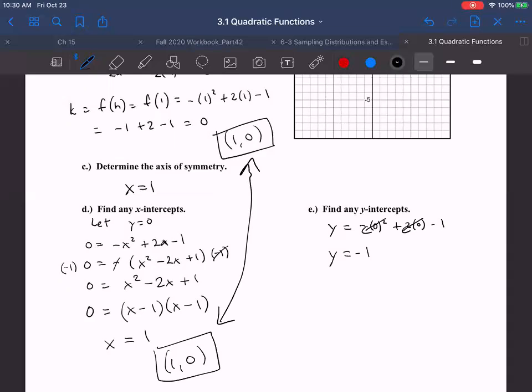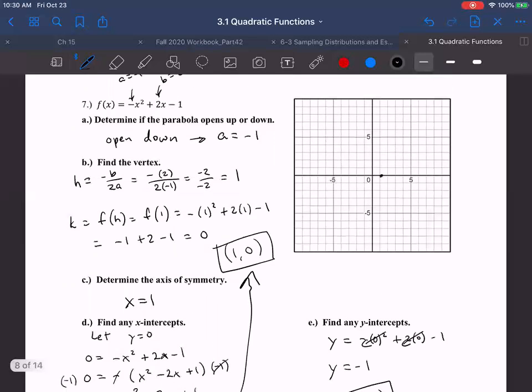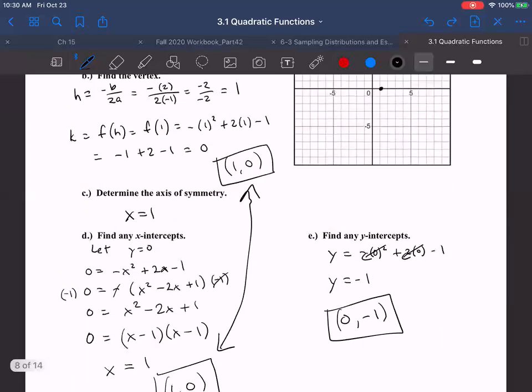Now we have y equals negative 1, which means we have a y-intercept of (0, negative 1), which is good because in the previous example, this is where our vertex was and it opened up like that, but we are expecting this one to open down. And since it's opening down, we should have a y-intercept occurring down below the axis with a negative value, which is what we got. We got y equals negative 1 for our y-intercept.